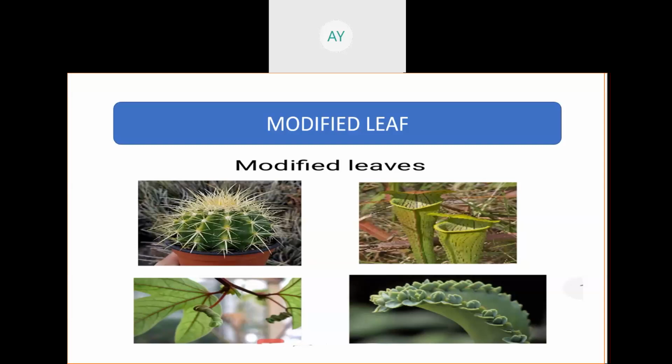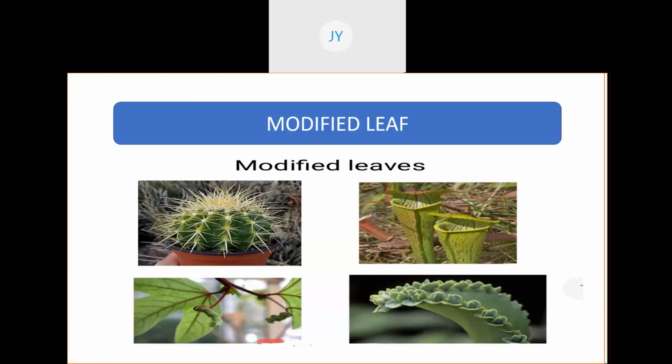So it is known as an insectivorous plant. Generally, insectivorous plants have nitrogen deficiency. That's why a pitcher-like structure is developed, with a lid. When the insect enters, it will close.